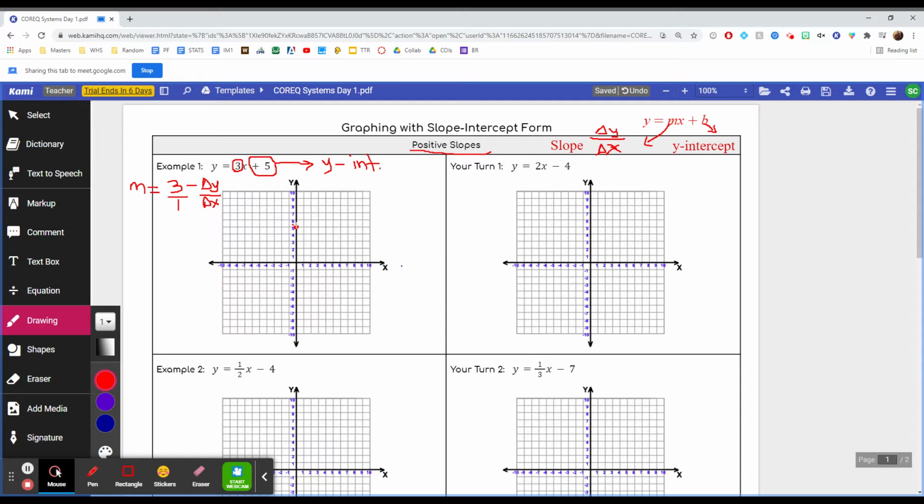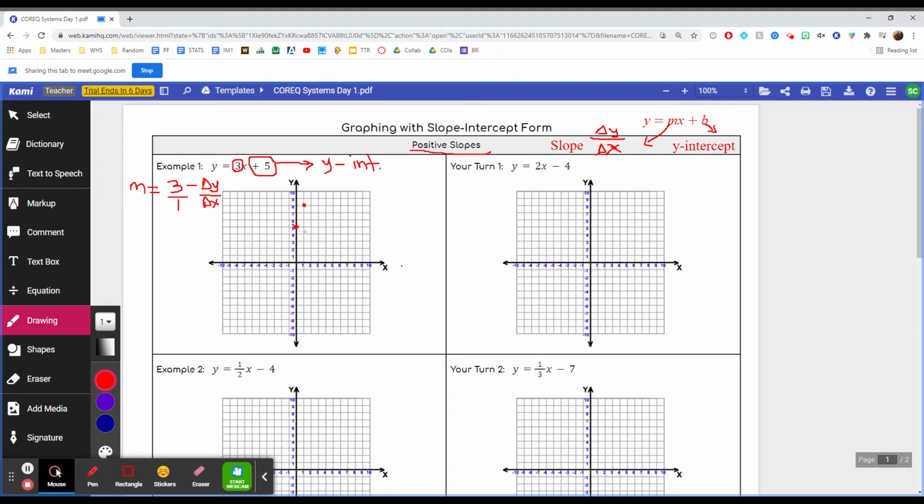Now, for the slope, I'm going to look at delta y over delta x. Delta y is 3, so I'm going to go 3 in the positive direction, which is up. So 1, 2, 3. And then 1 on the x, so I'm going to move 1 unit. There we go. So that's my next point.